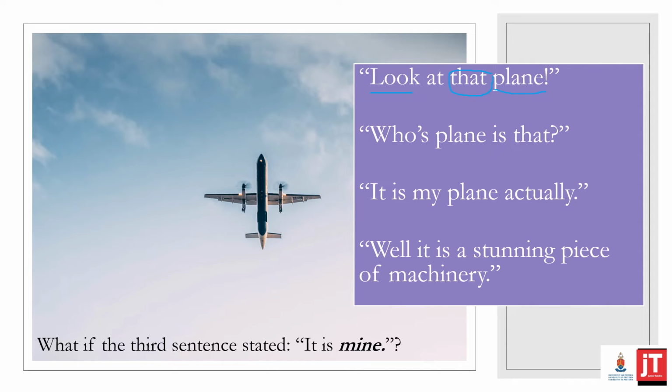Demonstrative. It's demonstrating. Look at that plane. You almost want to stick your finger up and point at it, right? Demonstrative. Whose plane is that? Plane we know is the noun. This is not quite the adjective because it's not before the noun.